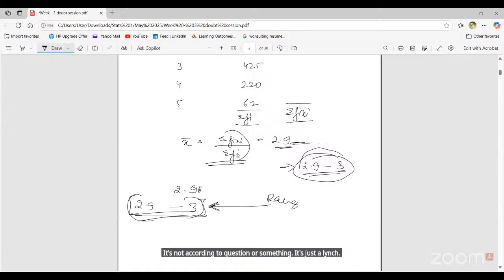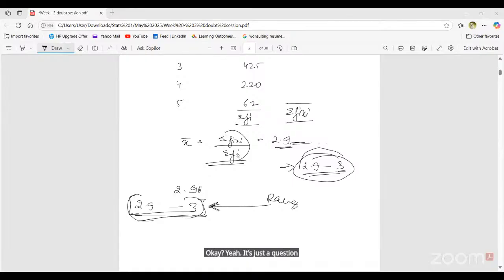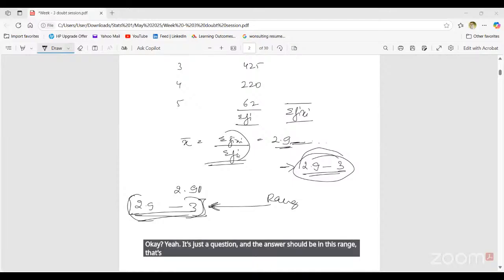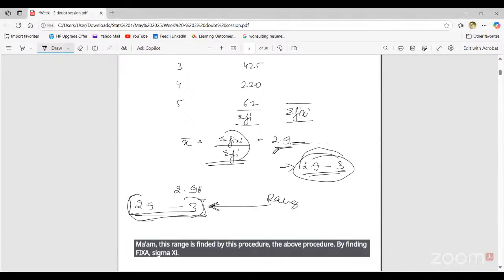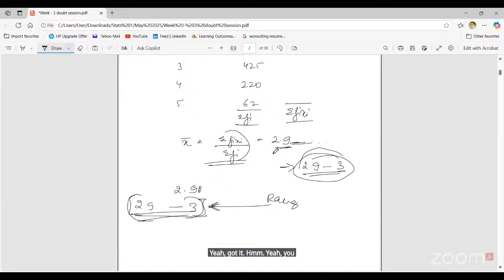Now you calculate. Ma'am, this range is found by this procedure, the above procedure, finding fi xi by sigma fi? Correct. You just calculate once again. Maybe there is some calculation mistake. Fine. Yes, ma'am. Okay. Thank you, ma'am.